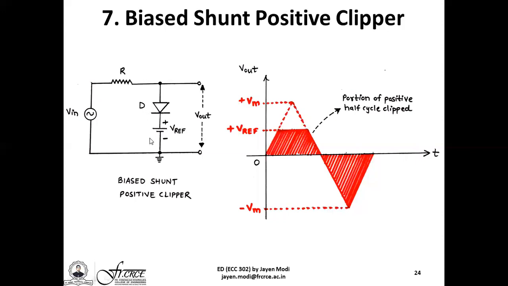Now, what you observe from this is the DC reference voltage always keeps the diode reverse biased, because with no AC input signal applied, you have the positive terminal of the DC reference source continuously connected to the cathode. So the diode is essentially in a reverse bias condition.